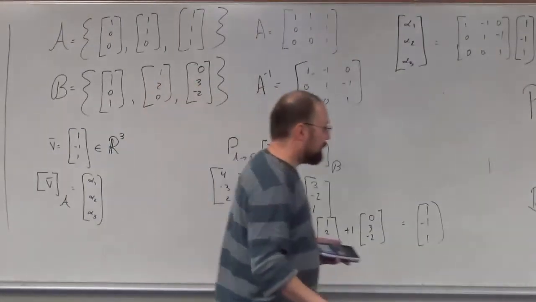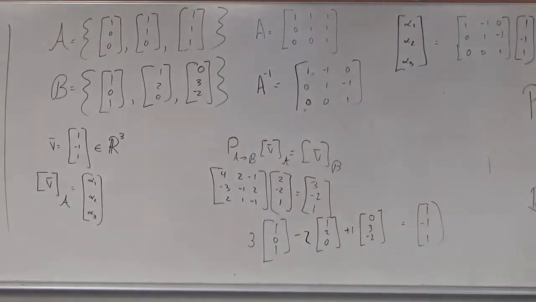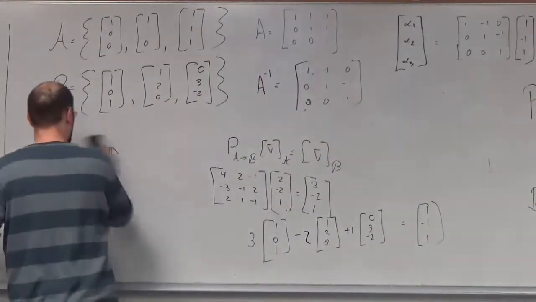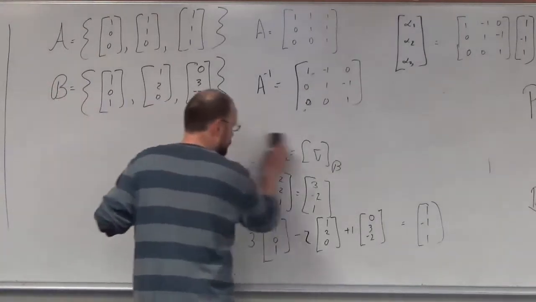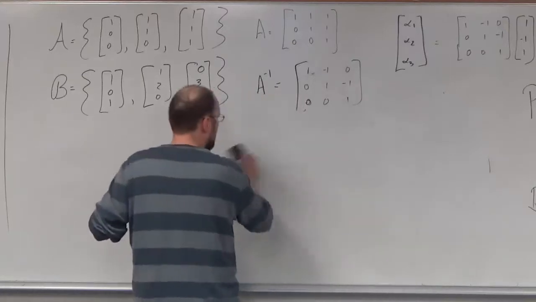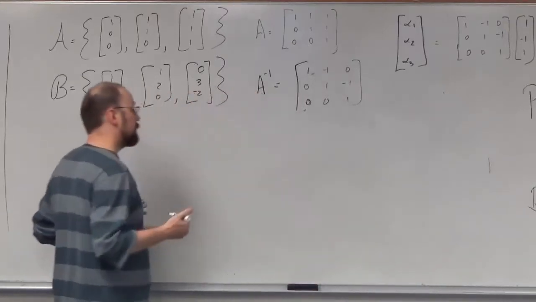So yep, that's an example of finding a transition matrix. I should mention how you don't have to find the inverse; you can actually row reduce and implicitly find the inverse.